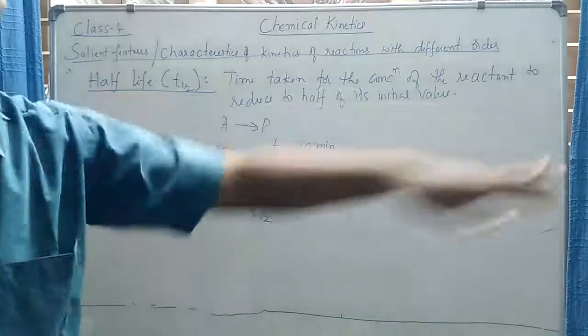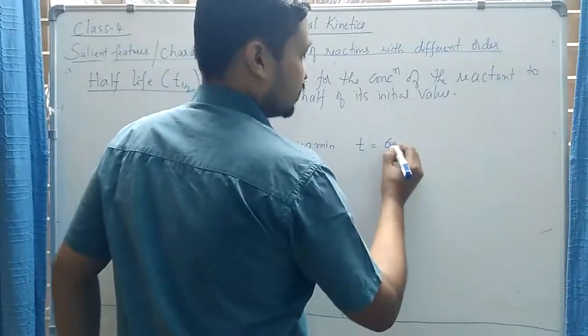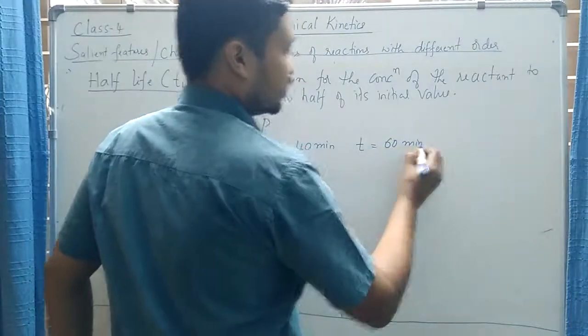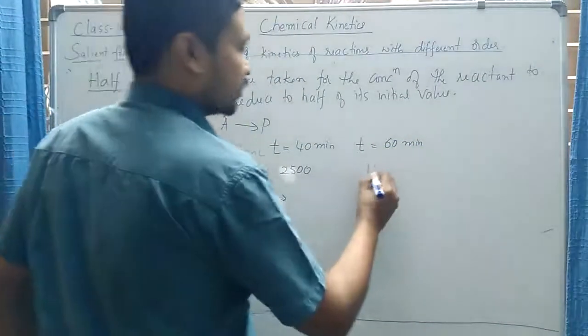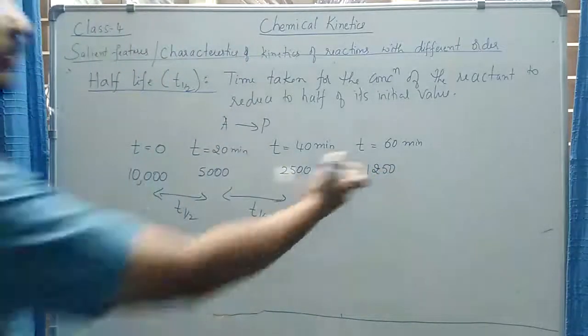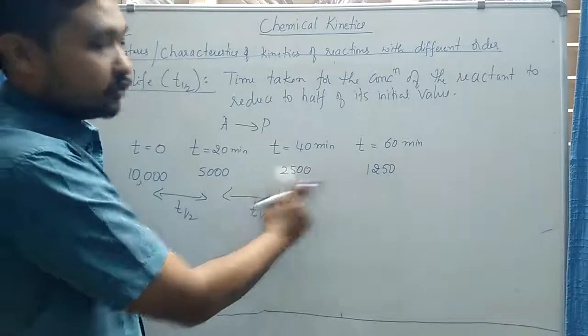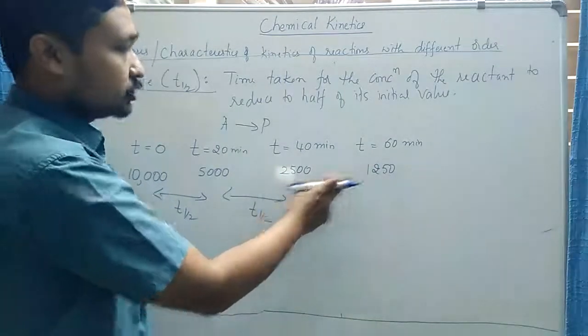Or you may consider the next duration. Say for example at the 60th minute, I measure the concentration of A, and it is 1,250, again half of the previous value. For measuring the half-life here, I should consider 2,500 as the initial value, so it is half.